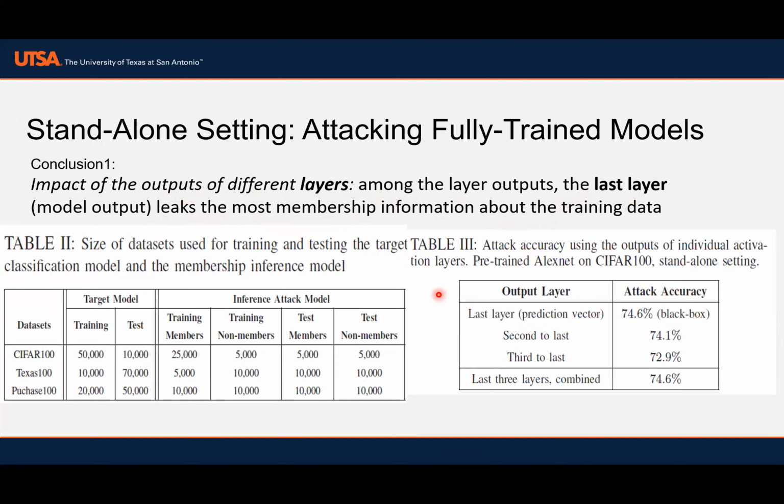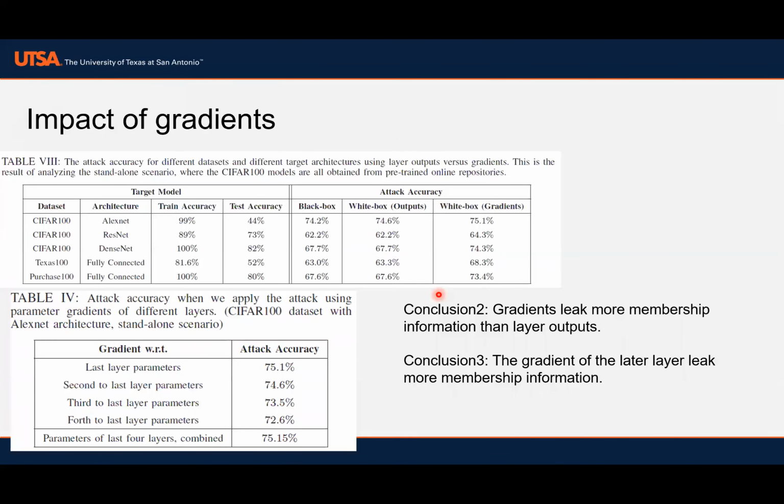They also compared the gradient, and we can see in this table, if we use the gradient to analyze the membership, it will get a higher accuracy than the output.